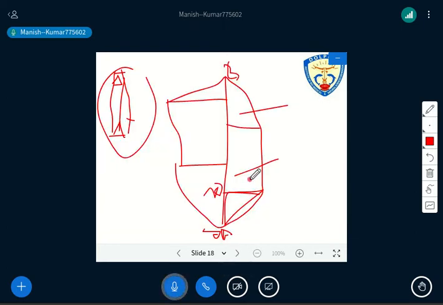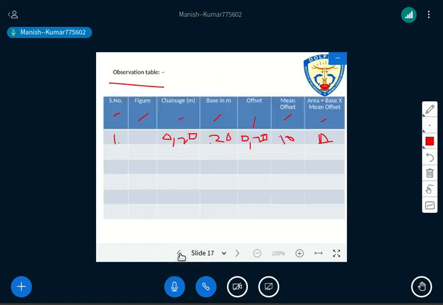The simple meaning of offset is you have to write the lengths of the perpendicular lines. In the triangle there is only one perpendicular, isn't it? So the offsets are 0 and 20. Then the mean offset: you add them and divide by 2, and you will get the mean offset. Is it clear? That is the first stage, and then you get the area as base into mean offset.